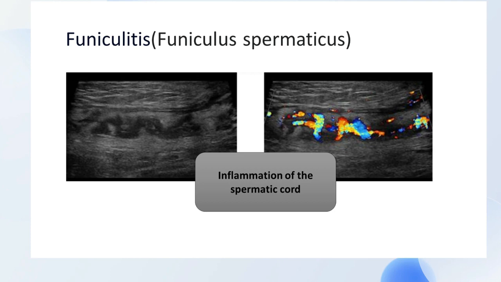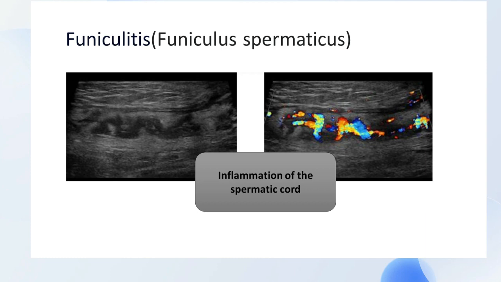Again, the spermatic cord itself can also get inflamed. Unfortunately, the spermatic cord is not so easy to visualize when there's no free fluid in the scrotum or in the inguinal region. But with someone presenting with pain around the scrotum, if you put color going up in the inguinal region, you can see hyperperfusion and edema.